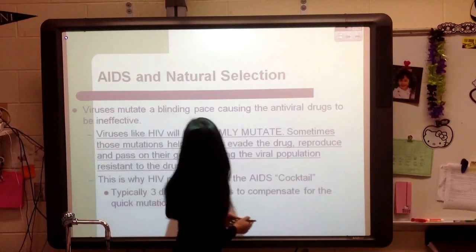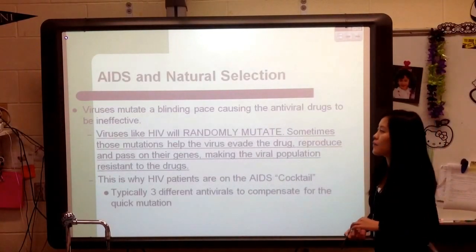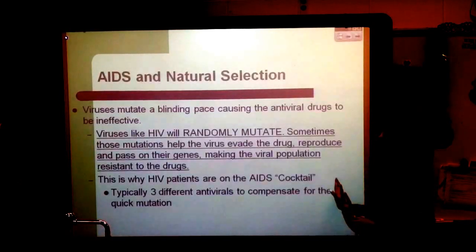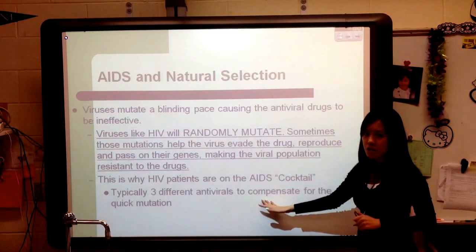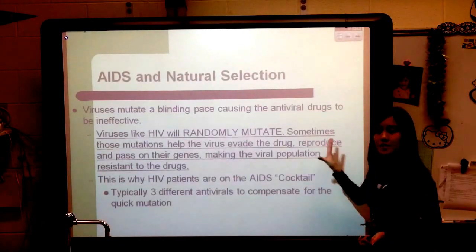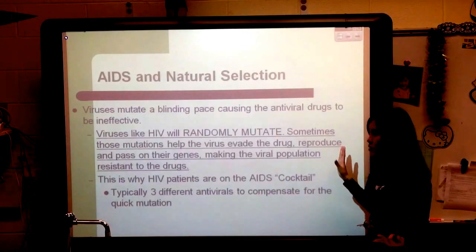The next thing that we want to look at is that viruses do mutate at a blinding pace. And so here, this is explaining why there are so many different medications for diseases like HIV. Well, it's because of those mutations, and those mutations allow the organism to survive.